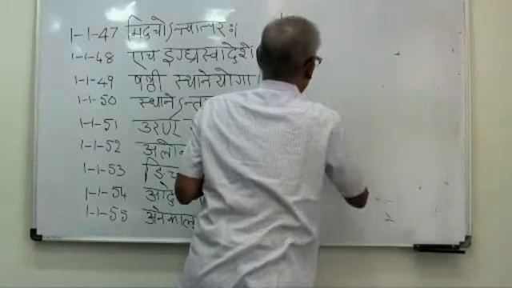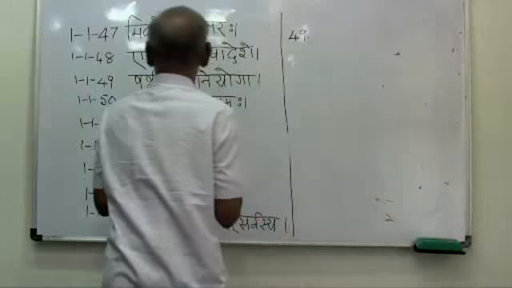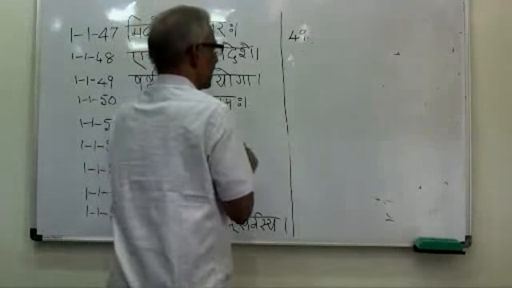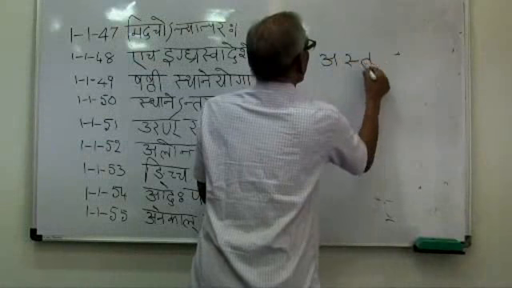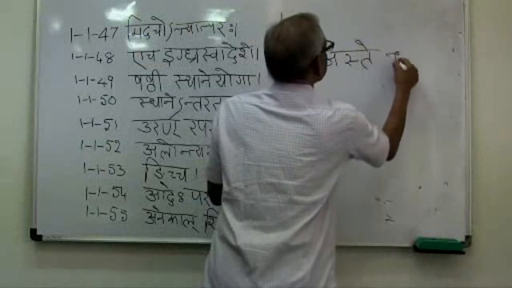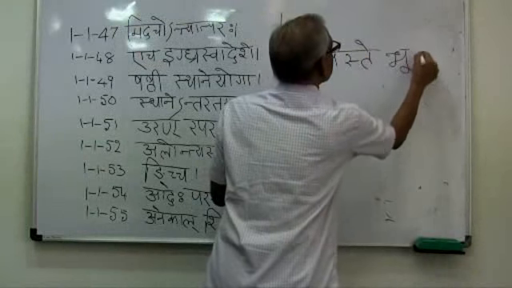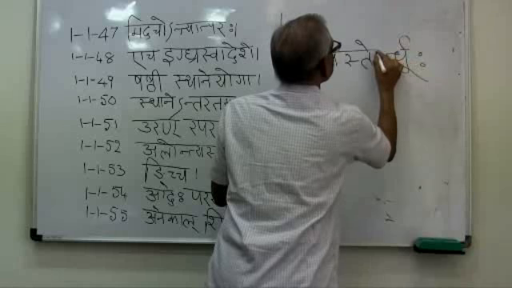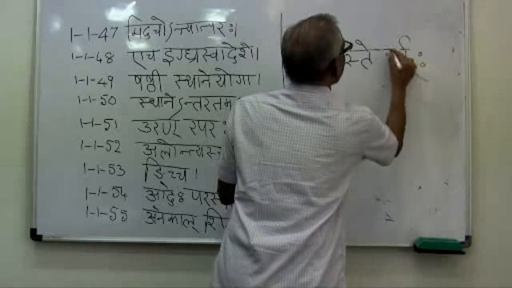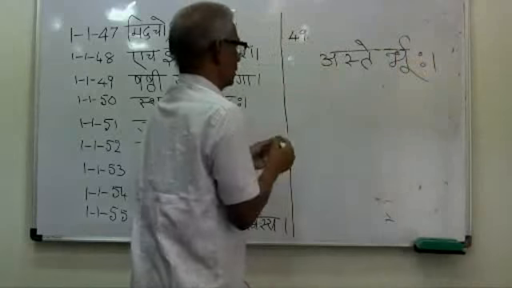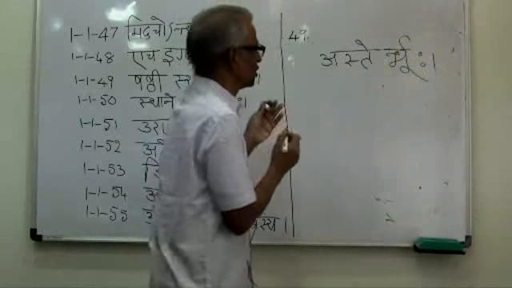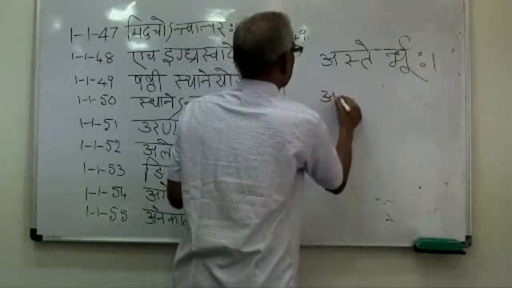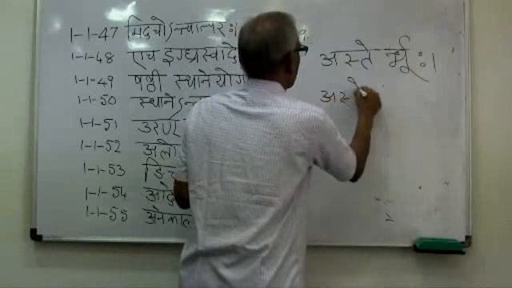Then, shall we take another example? Sashti Sthane, yes. We can take another examples also. There is a rule. Aster Bhuhu is a rule. Here also, Astehe is a Saschyanta Padam. Let us divide it.